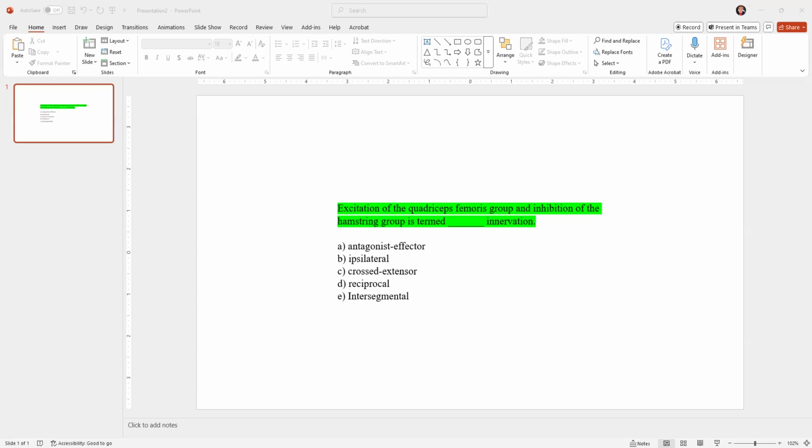Reciprocal inhibition. When we were talking about muscles, we said when you stimulate your flexors, your antagonists are inhibited. They are inhibited because of your reciprocal innervation, reciprocal inhibition. So D is the right answer. Okay. So your antagonistic effector, that is when we were doing muscles.